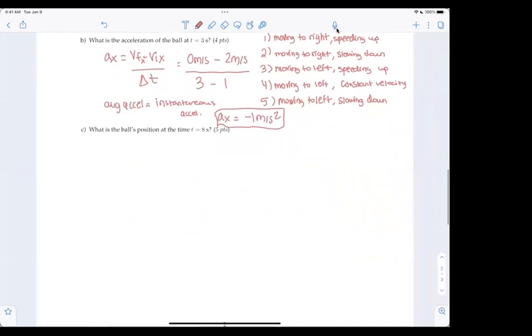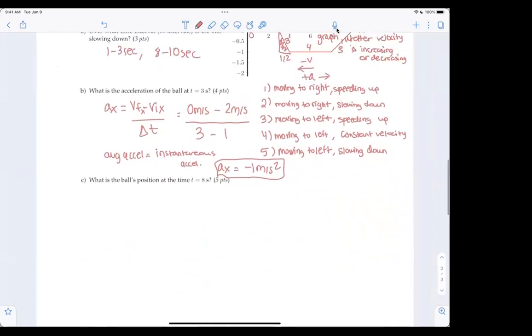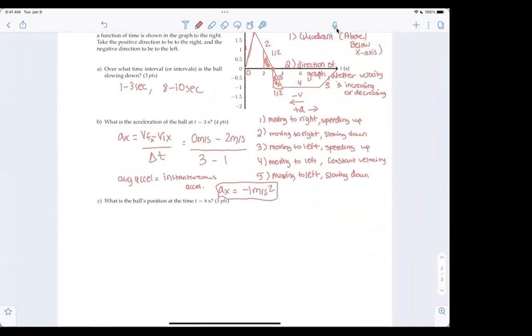But yeah, now moving on to part C, it's asking us for the ball's position at the time t equals 8 seconds, right? So we have to basically figure out the displacement, and I kind of alluded to that earlier, which is finding the area under the curve, right?